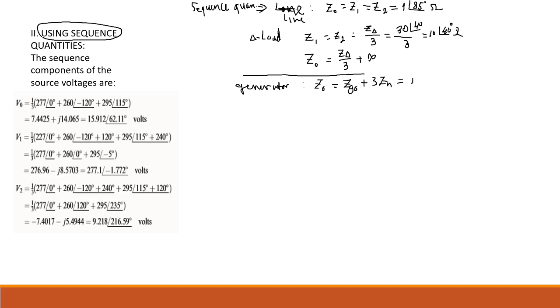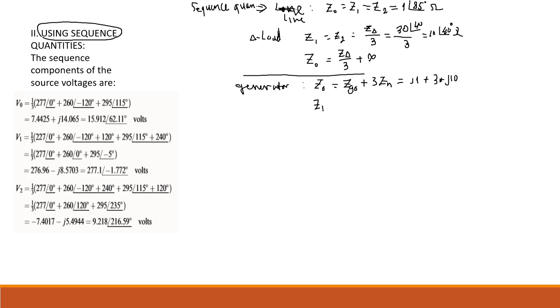So it equals j1 plus 3 multiplied by 10. This is the zero sequence impedance for the generator.